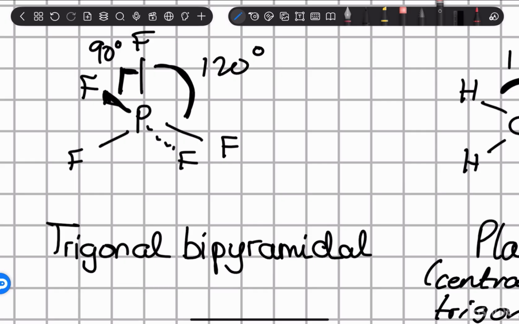Or you know what? I'll call it vertical and horizontal. So this vertical fluorine and horizontal one, they form a 90-degree angle, but a vertical fluorine with another vertical fluorine form a 120-degree angle. So with trigonal bipyramidal, that's what they form.